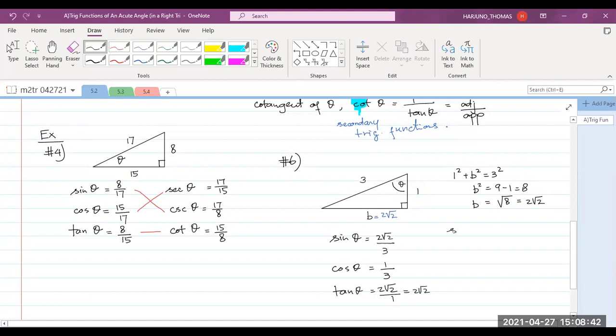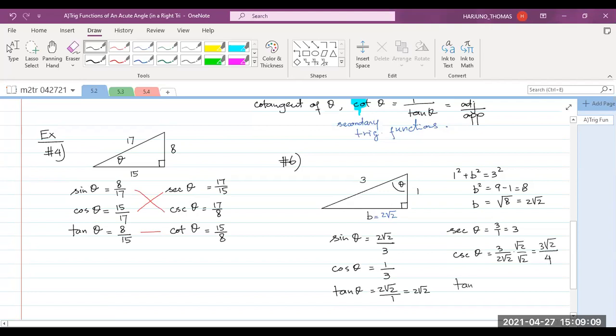Now, secant theta is the reciprocal of cosine. That's 3 over 1, which is 3. Cosecant theta is the reciprocal of sine theta. That's 3 over 2 radical 2. Rationalize the denominator. I get 3 radical 2 over 2 times 2, which is 4.